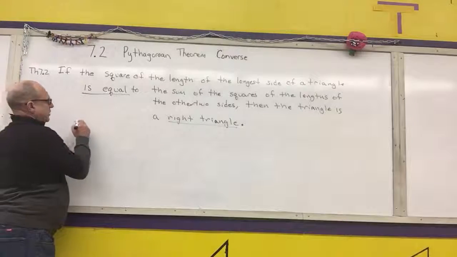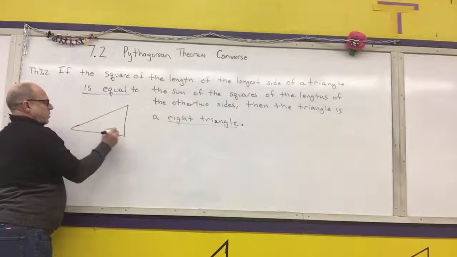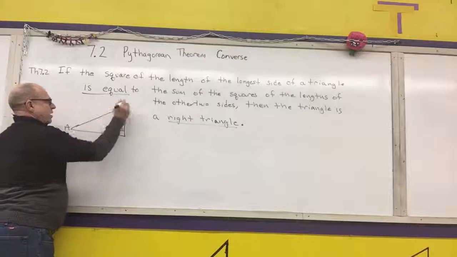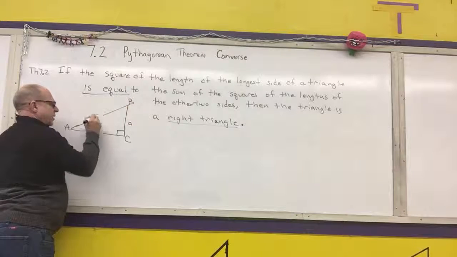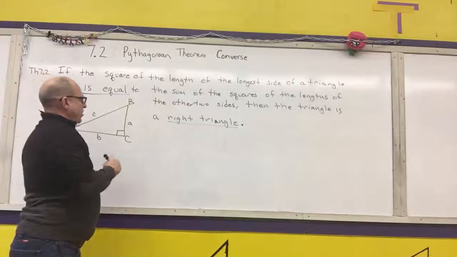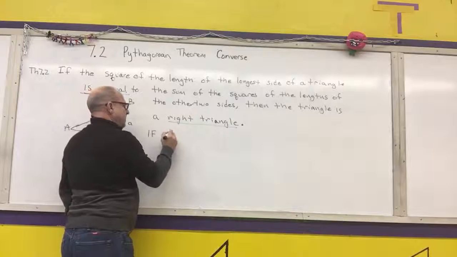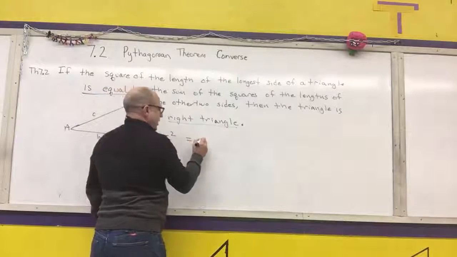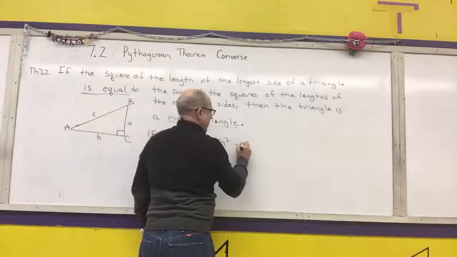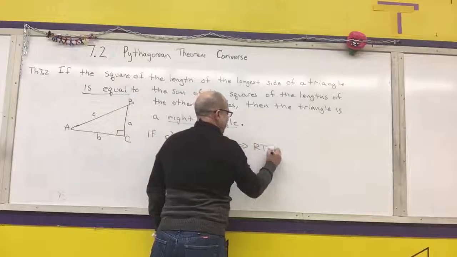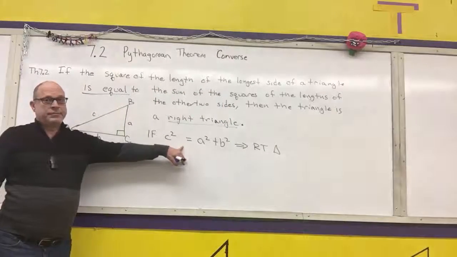In your postulates and theorems, for this one, capital A, capital B, capital C, lowercase a, lowercase b, lowercase c. The way I would write it is draw this picture and write: if c squared is equal to a squared plus b squared, then it's a right triangle. So that's the abbreviated form.